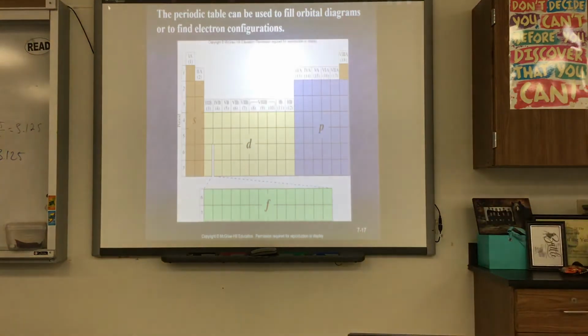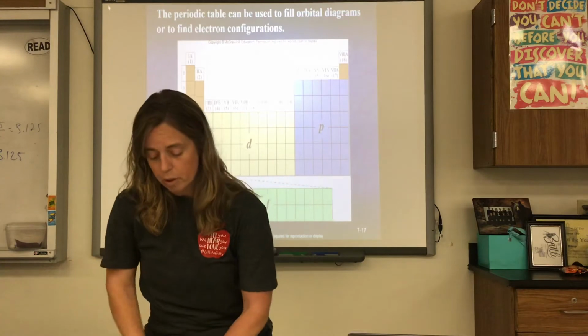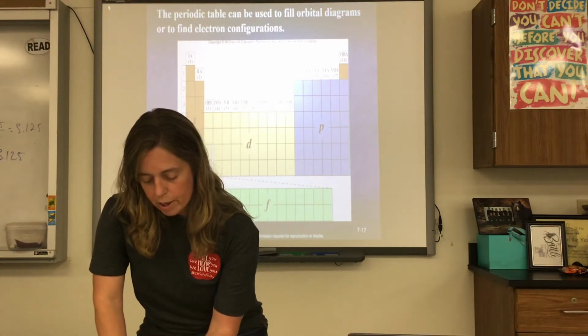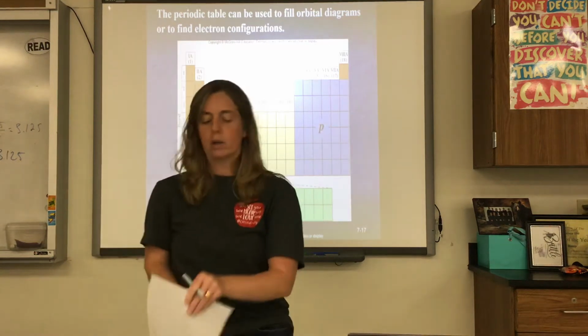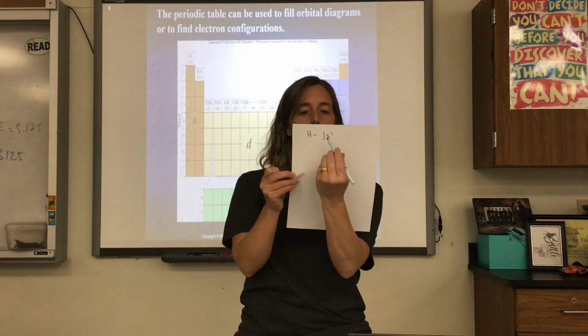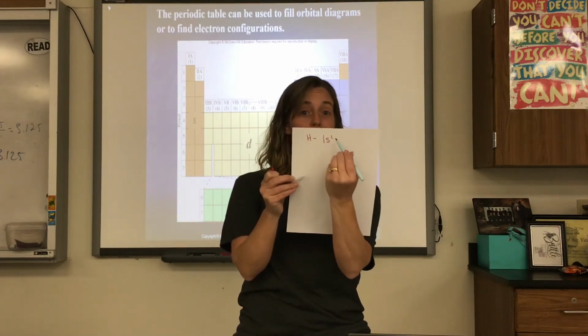I am going to show you an example. Let me get a table, and I'm going to write how that would look on a piece of paper. For hydrogen, it's going to be row 1, S sublevel with a 1. So hydrogen's going to look like this, okay? Row 1, S sublevel, first column in the S sublevel.